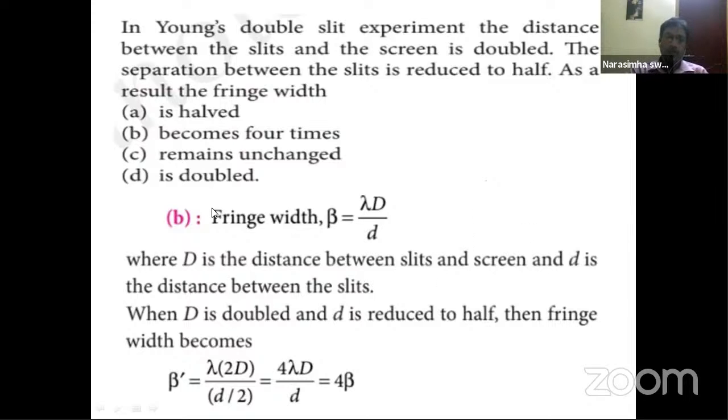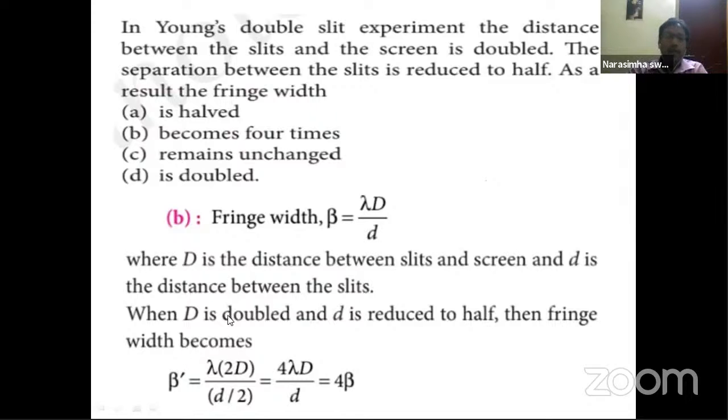Now look at this solution. Here the fringe width formula is given, beta is equal to lambda D by d, where capital D is the distance between the screen and the slits, and small d is the distance between the two slits.